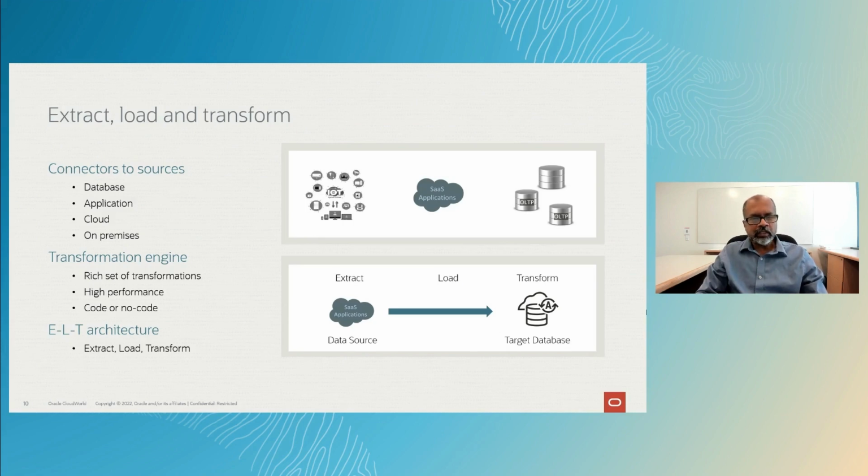That deals with connecting to the applications and extraction of the data. Now, once you extract and load the data to a staging area, you need to transform it, and that's where the transformation engine comes in. This transformation engine has to deal with a rich set of transformations. The transformation need could be quite varied, and you should be able to perform all those transformations. And most importantly, it has to be high performance.